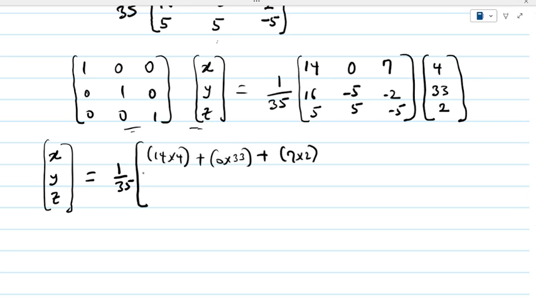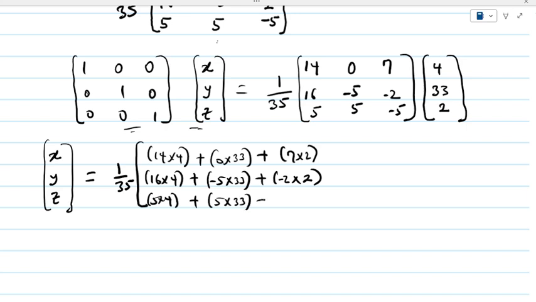Then we have 16 times 4 plus minus 5 times 33 plus minus 2 times 2. Then we have 5 times 4, we have 5 times 33, and then we have minus 5 times 2.